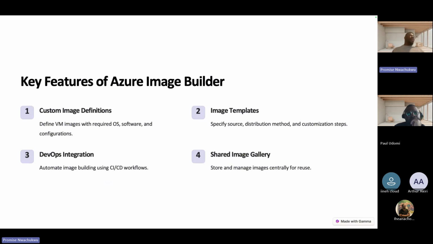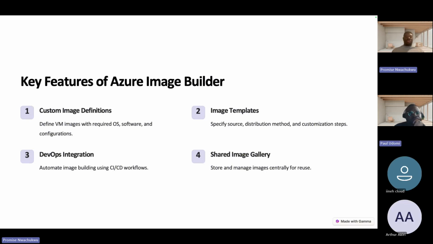the Azure Image Builder? One of the key features it has is the ability for custom image definitions, right? You want to be able to say, for instance, I don't know if some of you have seen situations where your organization would ask, okay, apart from the normal way of building an image, I want you to add certain software in the image, so that the image should come pre-installed with this software, right?